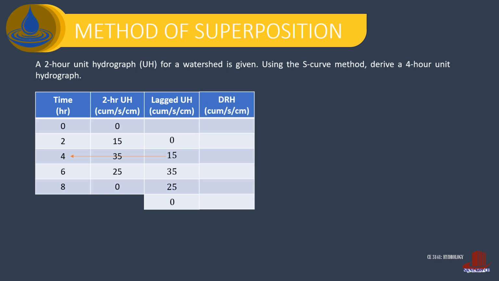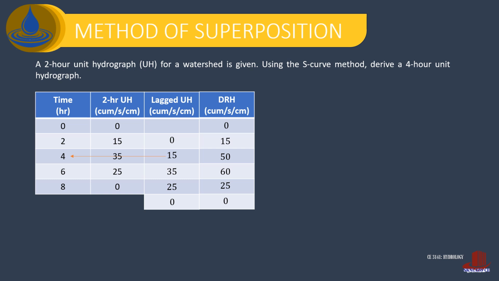Next is to take the summation, where at T0, DRH is 0. At T2, we have 15. 35 plus 15 or 50 at T4. 25 plus 35, which is 60 at T6. Then 25 at T8 and 0 at T10.